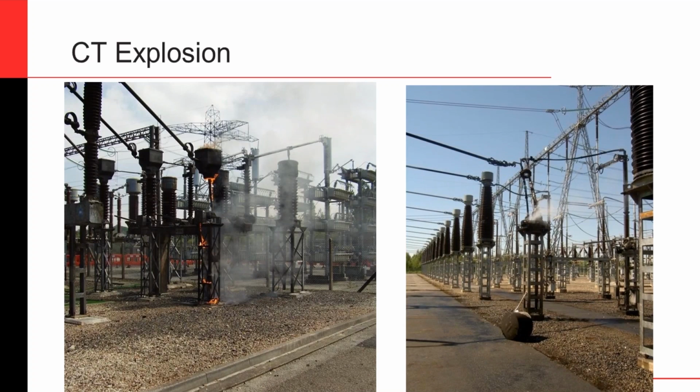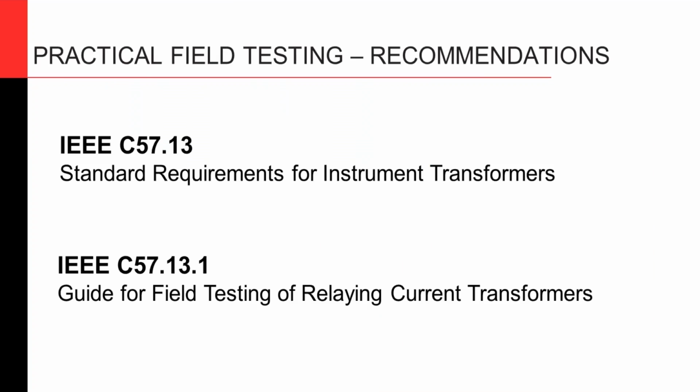CT explosion is a major reason, and I'm going to talk about the reasons behind why this can happen. Your CT can burn, your CT can explode, when you're supplying faulty current into the relay.